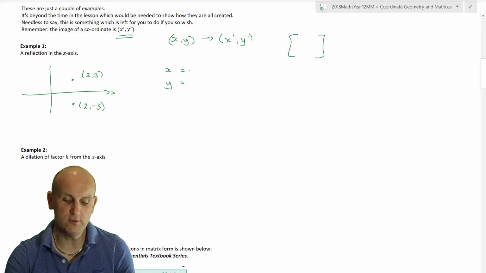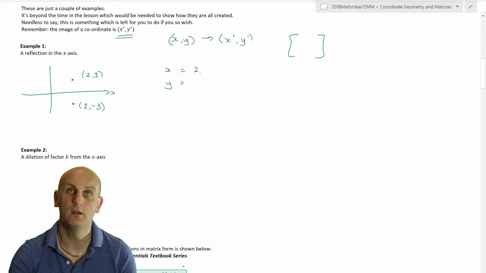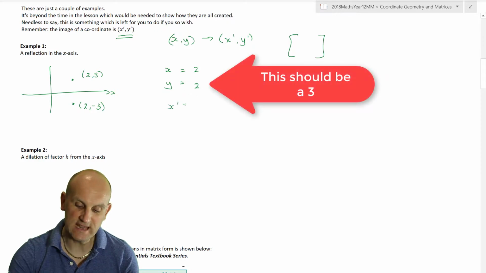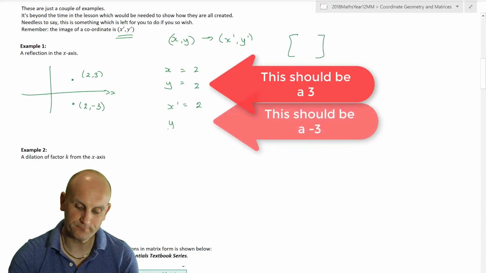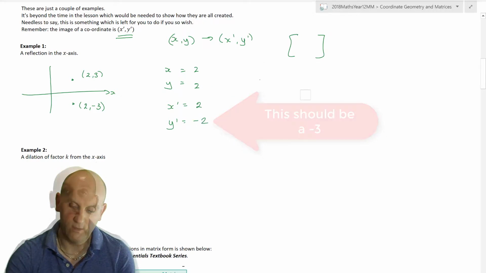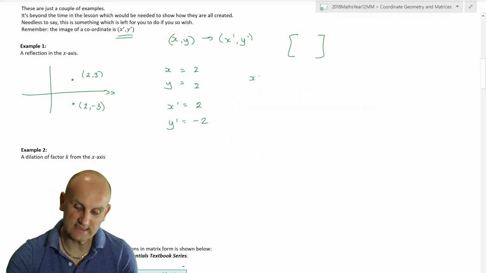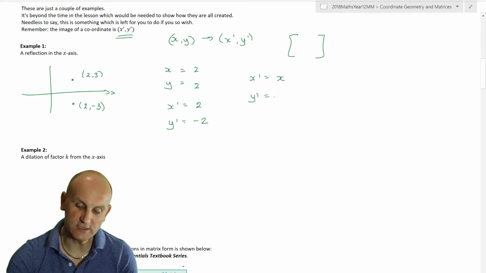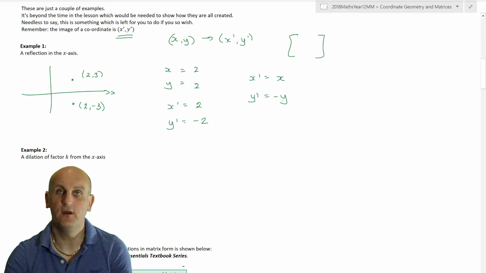Well, my original x value was 2, my x dashed becomes 2, but my y dash became minus 2. So we can say that x dashed is equal to x and y dashed is equal to the negative of y.